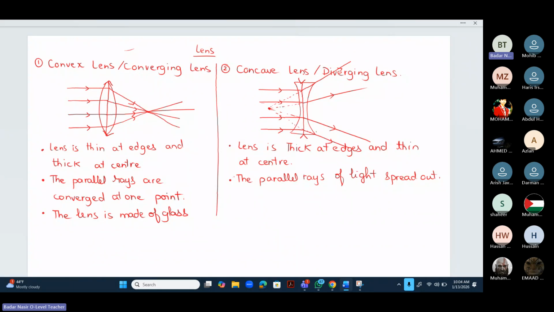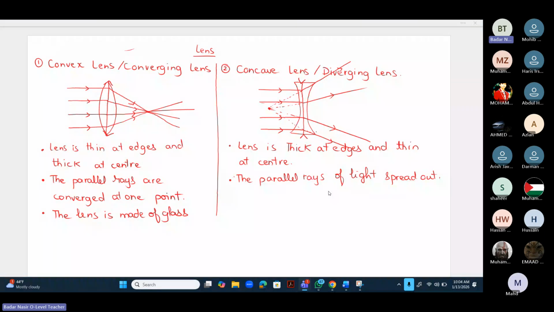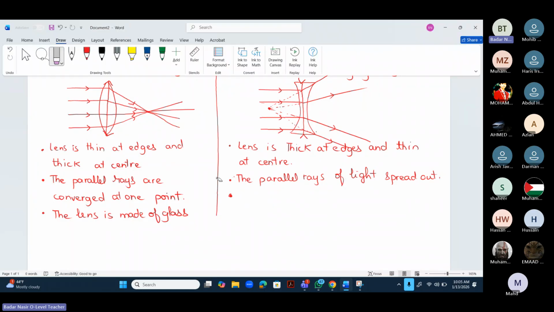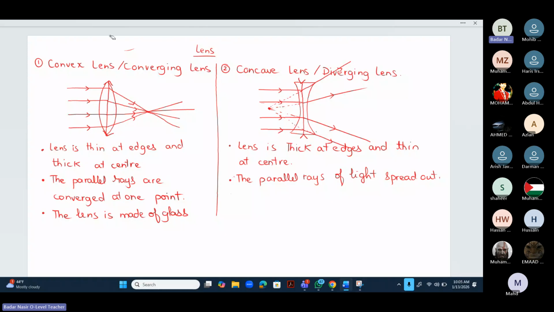This is how the concave lens looks. Now one more thing that we need to remember about both the lenses is that refraction takes place. So these lenses undergo the phenomenon of refraction.